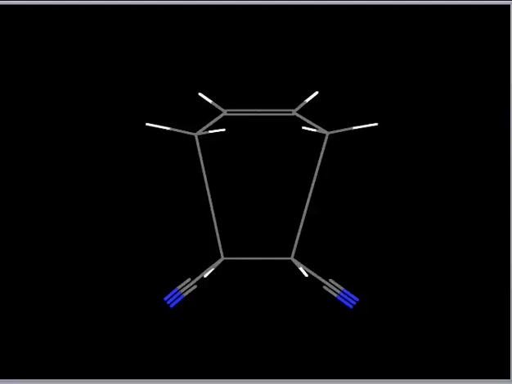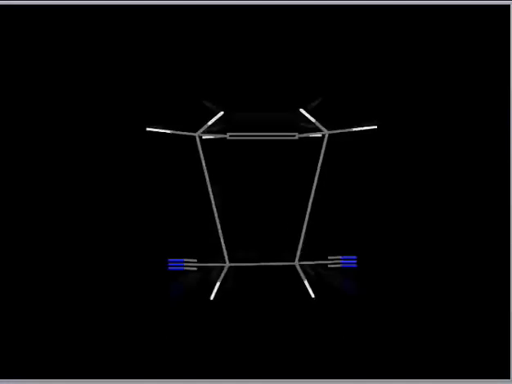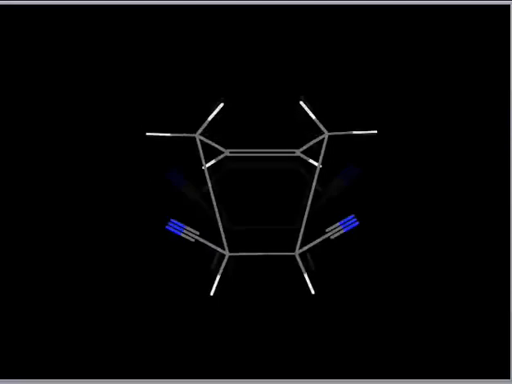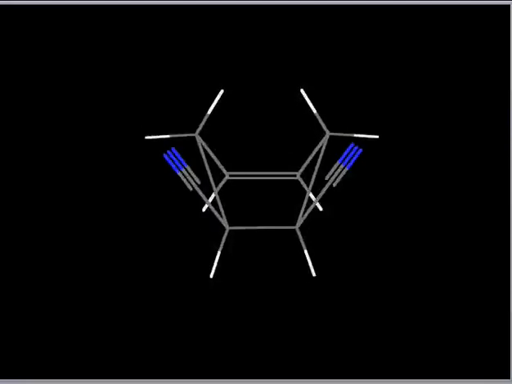So, by the magic of PowerPoint, here we go. I'm rotating this up, that down. Now, at this point, you look at it and say, oh my goodness, this looks like a cyclohexane boat, doesn't it? It does. It's a boat.